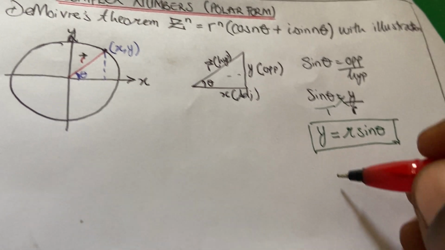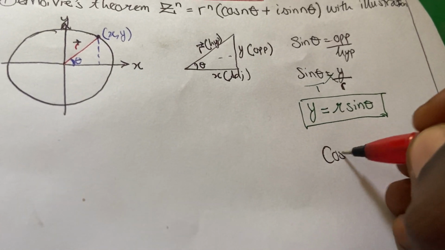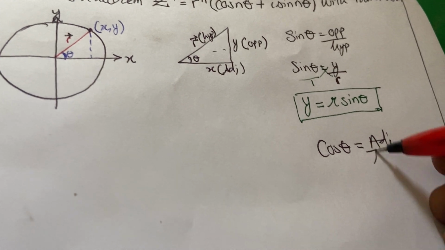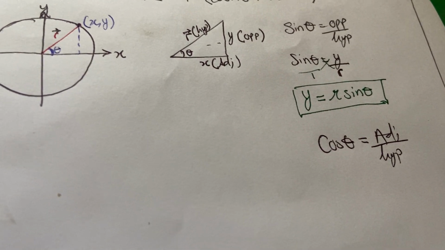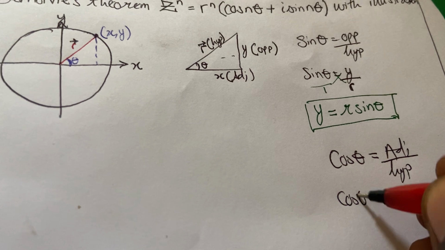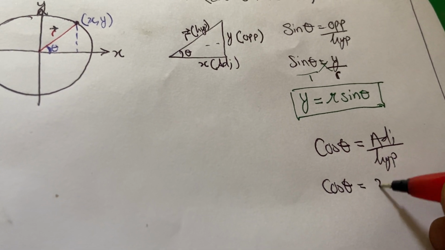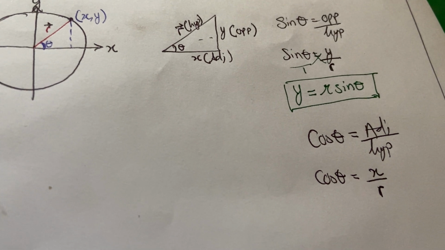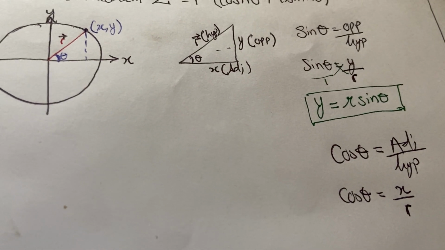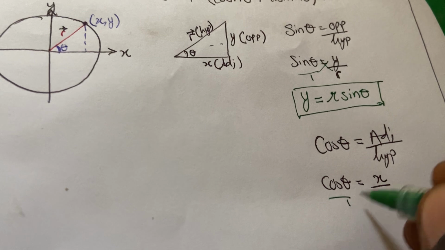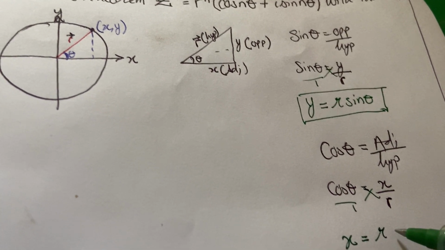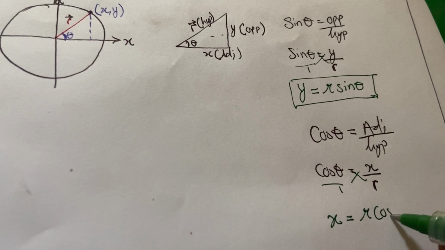The other one will be cos theta equals adjacent over hypotenuse. So cos theta equals, the adjacent is x, the hypotenuse is r. Cross multiplying, we have x equals r cos theta.